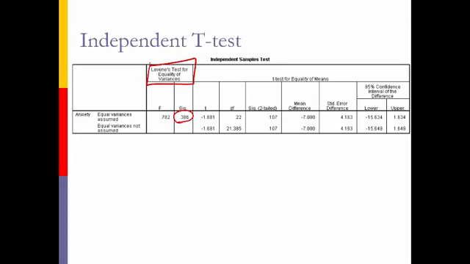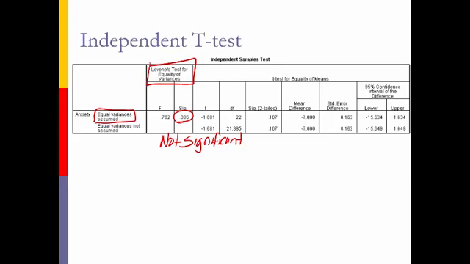This significance is what we want to look at for whether or not we have equal variances. It says it's not significant, so therefore we can assume that our variances are equal.